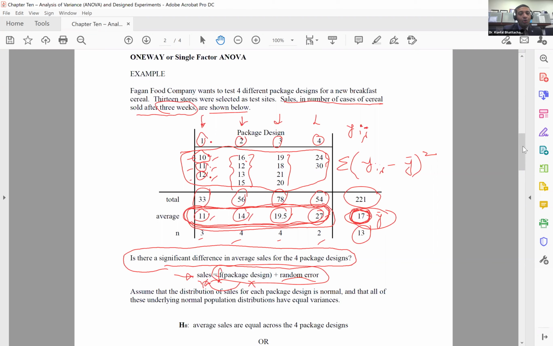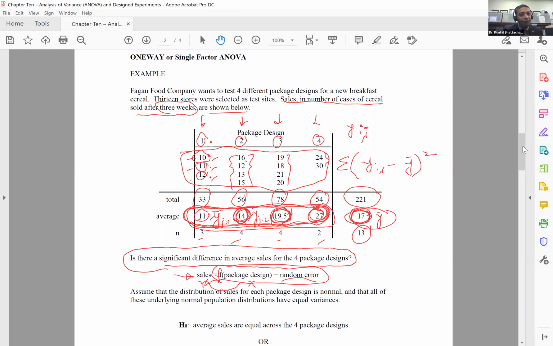And then you have the averages for each of the package designs. The average for package design 1 is 11. That is your y sub j bar, where j equals 1. This is y sub j bar where j equals 2. That is 14, being the average of package design 2. 19.5 being the average of package design 3. 27 being the average of package design 4.